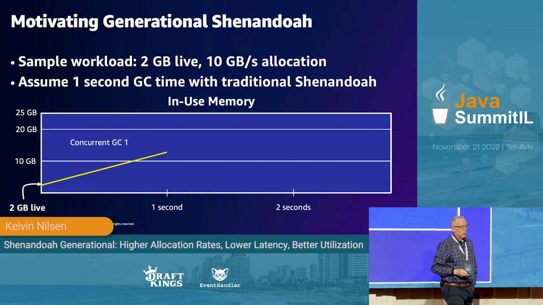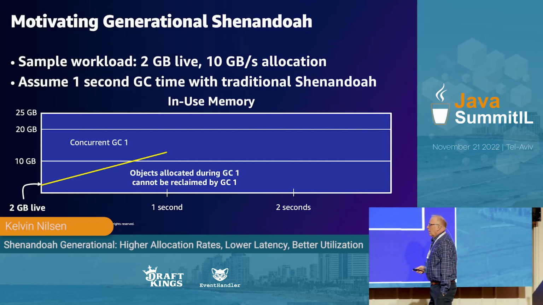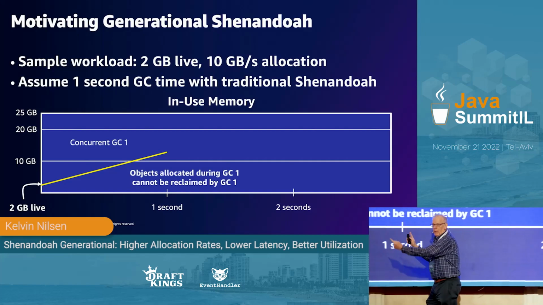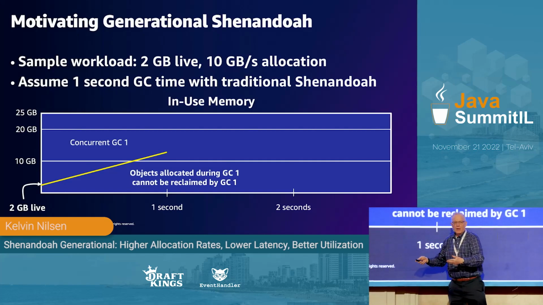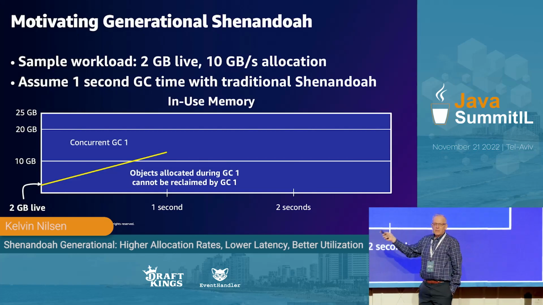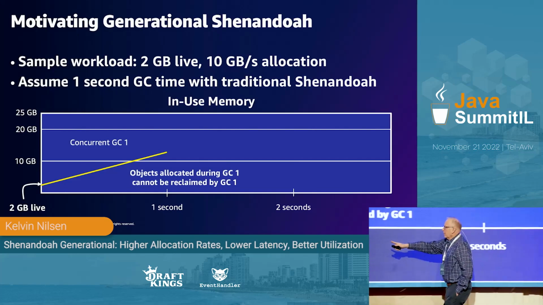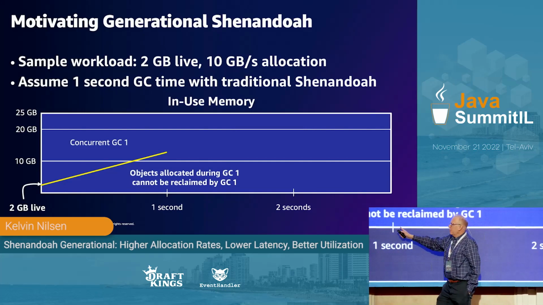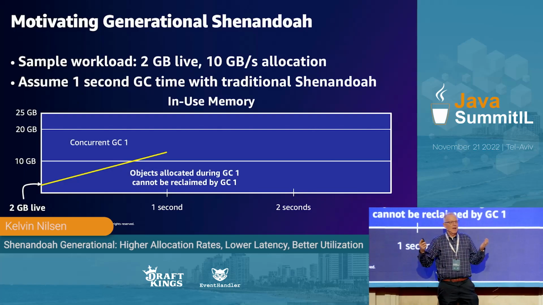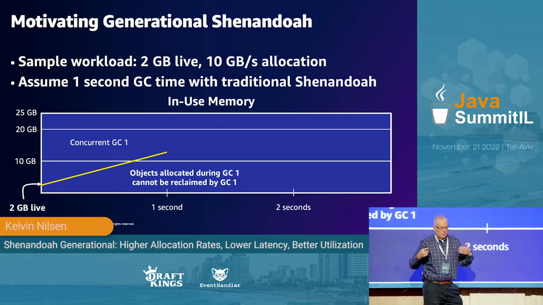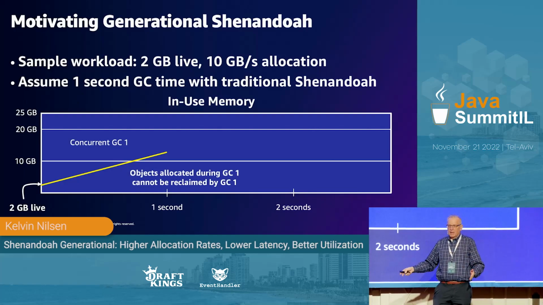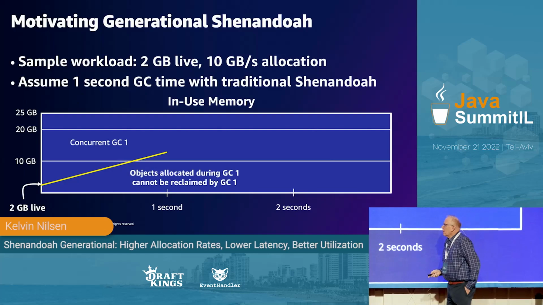Now, all of that memory that gets allocated while garbage collection is running during this 1 second of concurrent time is much of it is garbage by the time we're done with this 1 second of execution. But because it was allocated during this collection cycle, it's live. As far as the garbage collector is concerned, it was live during this pass, so I can't reclaim it.